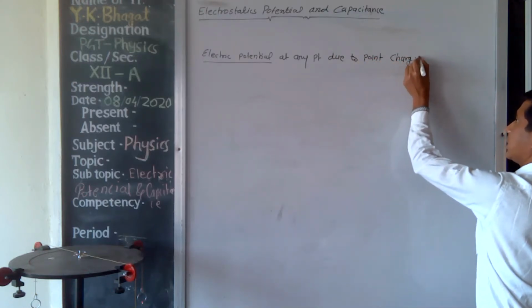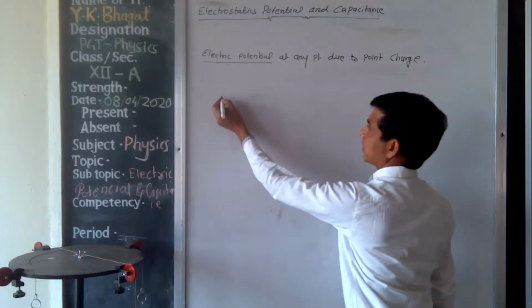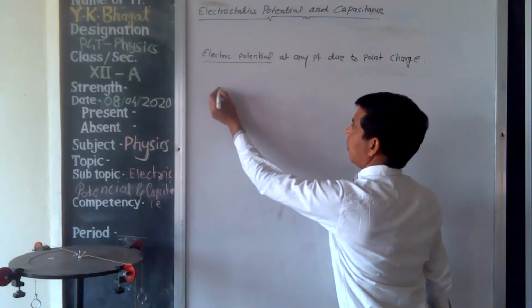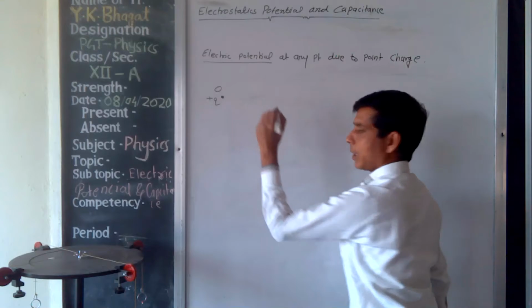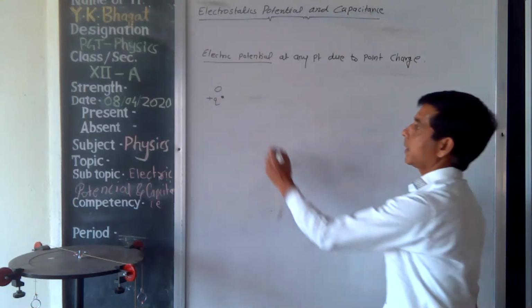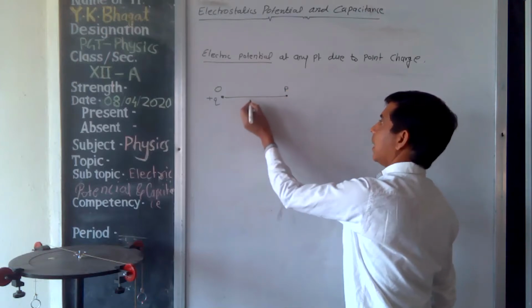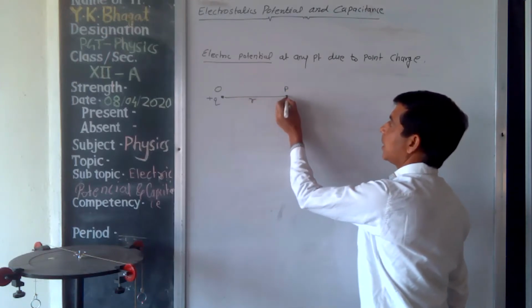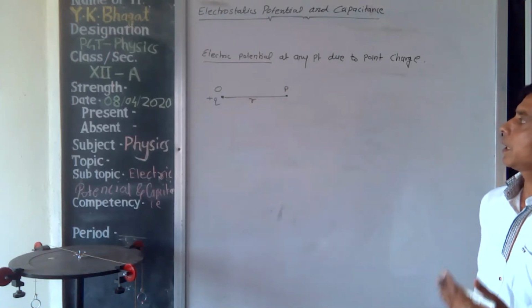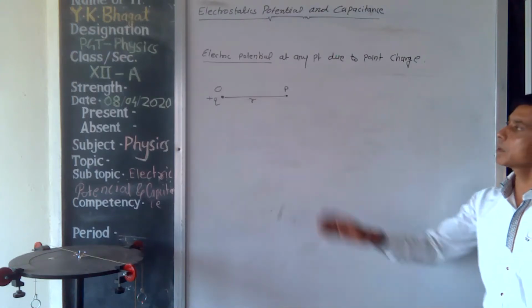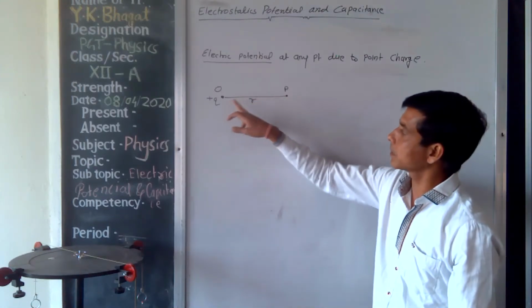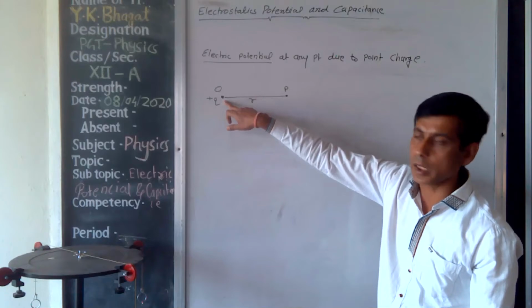What will be the potential due to a point charge? Suppose O is a point consisting of charge plus Q, and our target is P, a point at distance R where we find the electric potential. What will be the potential at point P at distance R due to that charge?